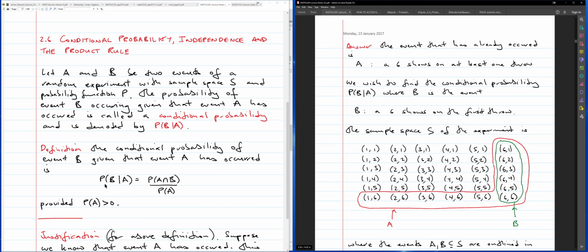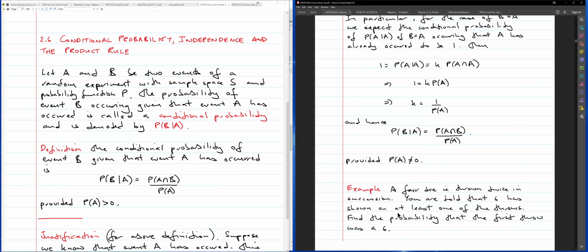What we want is the probability that the first throw is a 6, given that 6 is showing on at least one of the throws. So you have two events here, A and B. A has already occurred, and what you want is the probability of B given that A has occurred.